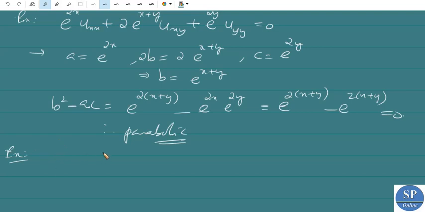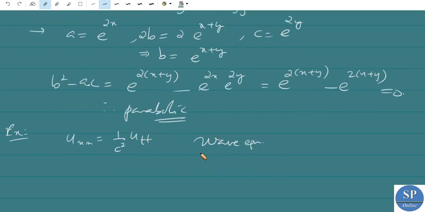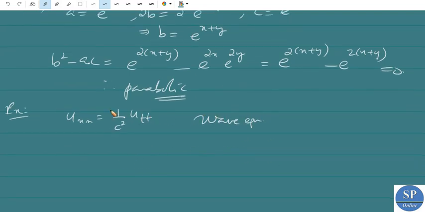Next question: uxx equal to 1 by c square into utt. This is actually the wave equation, and we will study more about it later. Here u is a function of x and t.